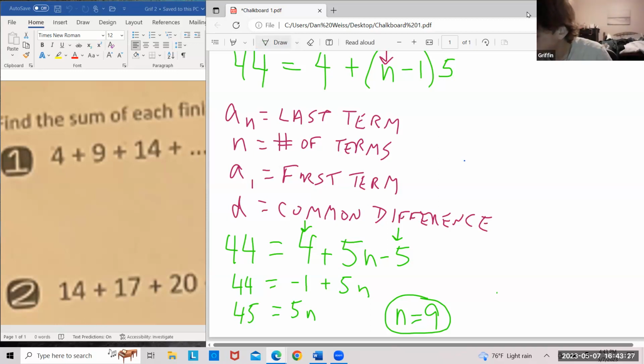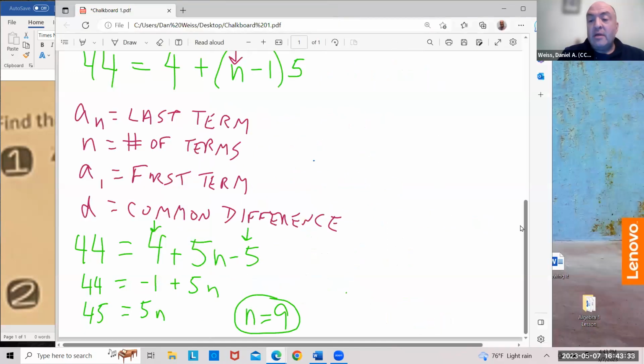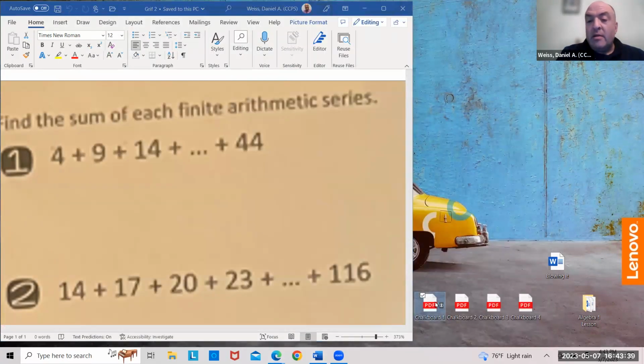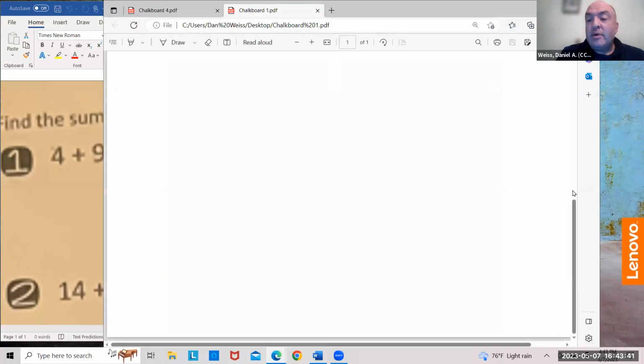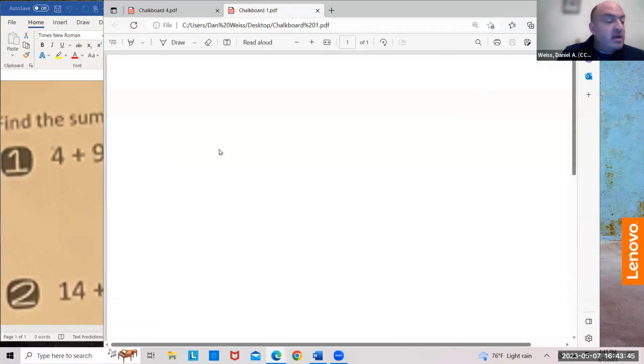So now I know how many terms there are. There are 9 terms. So now I'm going to go ahead and use that other formula.